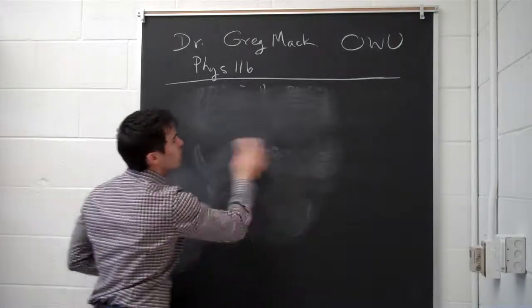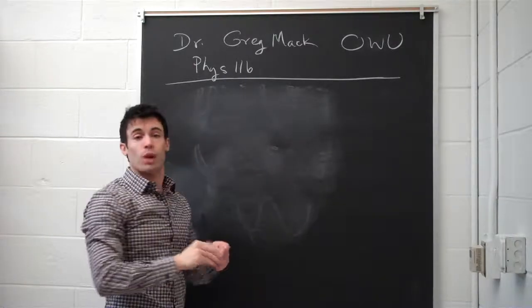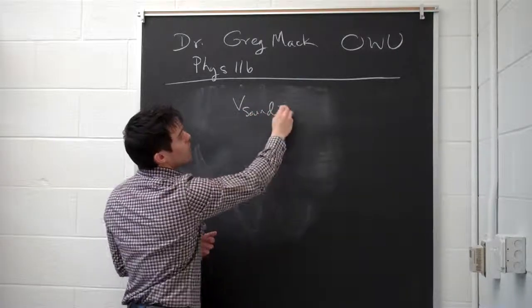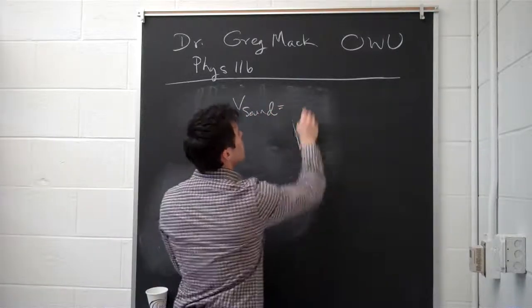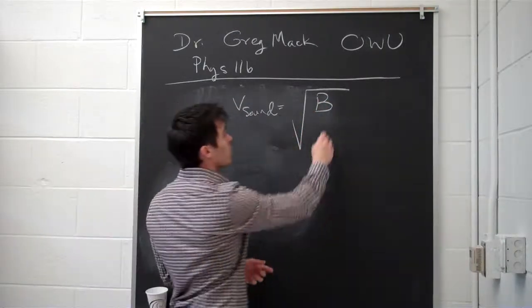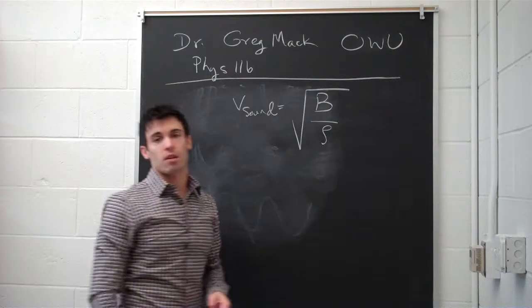The speed of sound in whatever medium you're talking about is set by two things: the bulk modulus of elasticity of the fluid and the actual density of the fluid.